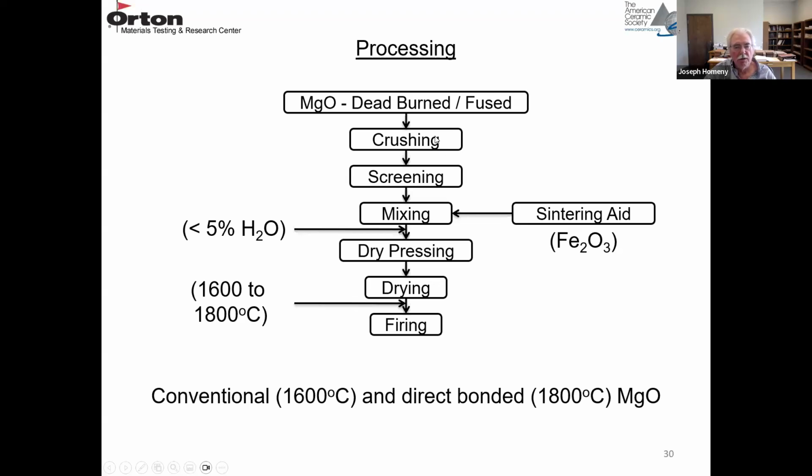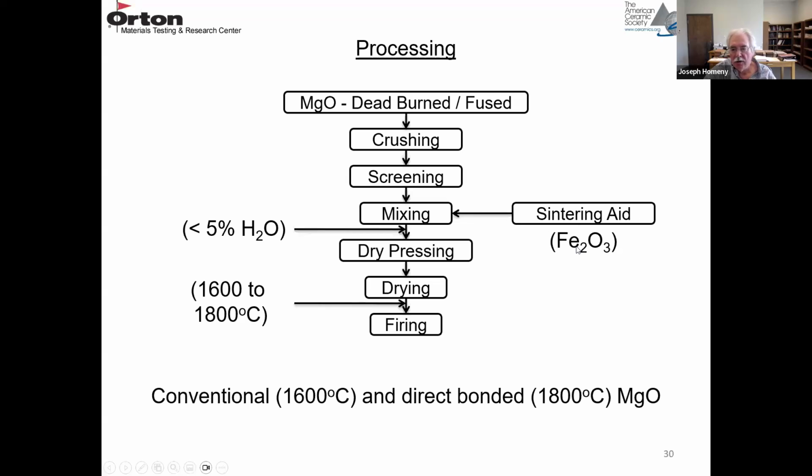Of course, the material is crushed, it's sized by some type of screening operation, and then the particle sizes are mixed to maximize the densities, the green densities. And I mentioned there's a processing course later on in this series. Well, in that processing course, we go over the theories for the different particle packing methods.